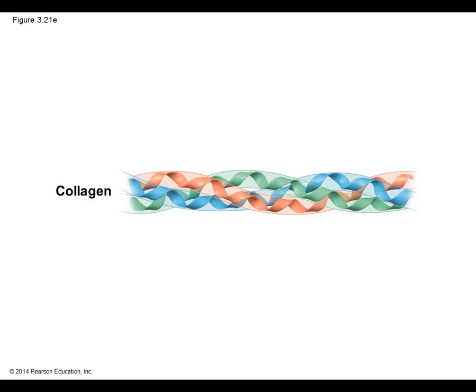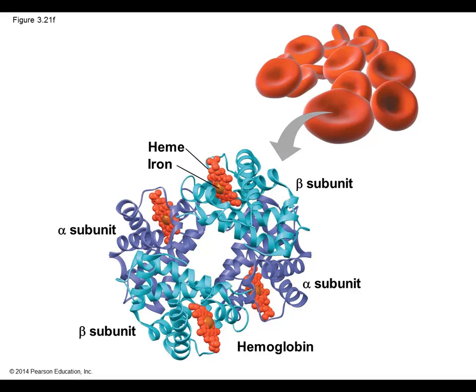It has three separate protein subunits that are braided together in this helical coil structure, but each color represents a different protein. And hemoglobin has four protein subunits. It has two alpha subunits and two beta subunits.